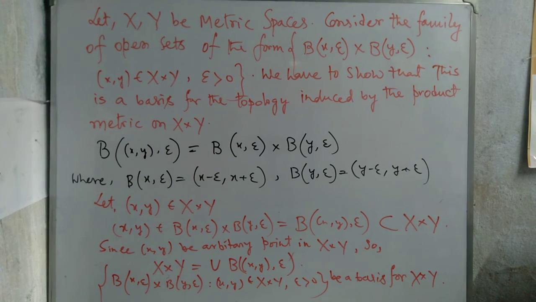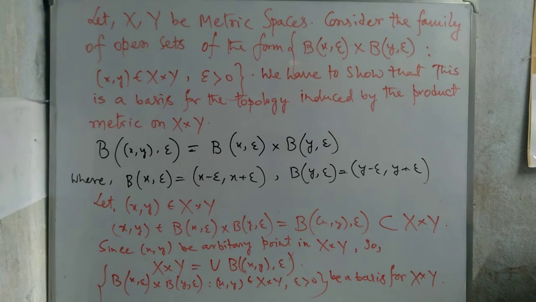Now today we also discussed some important properties of open sets in metric spaces. That means an open set is denoted by a union of some open balls or some open sets.